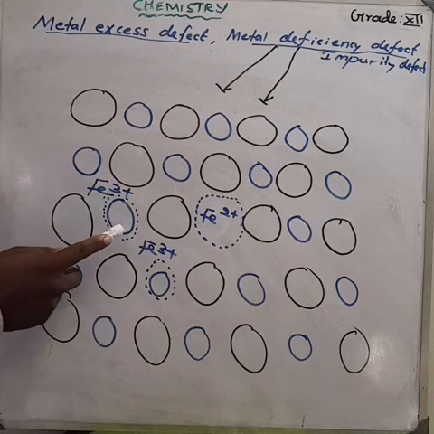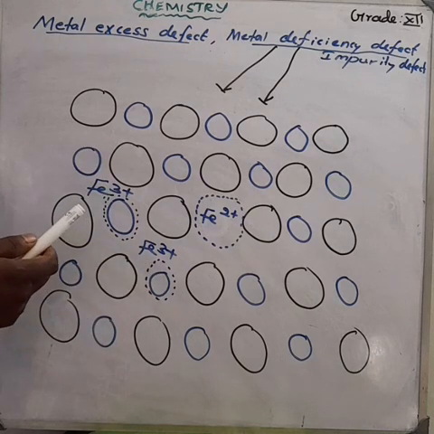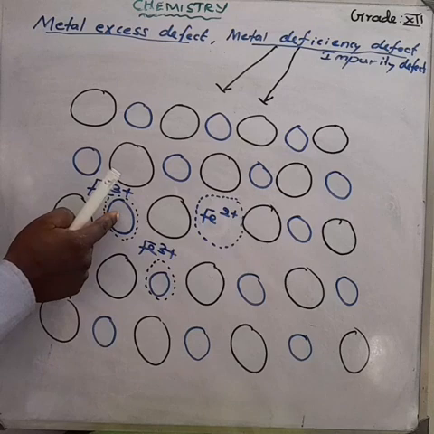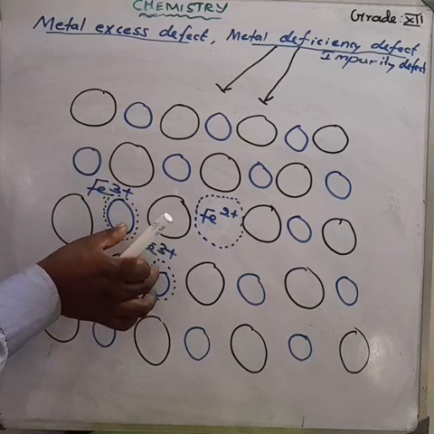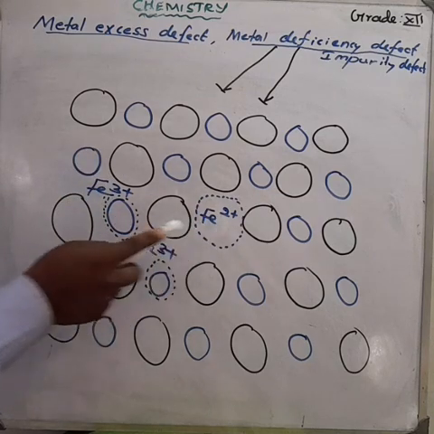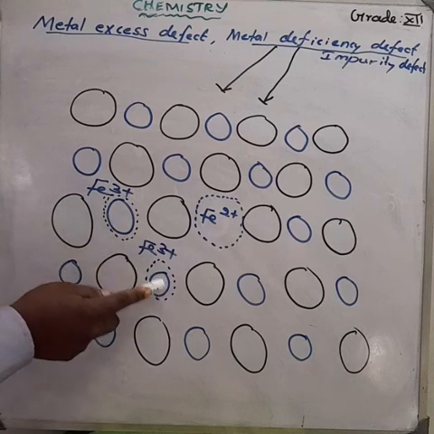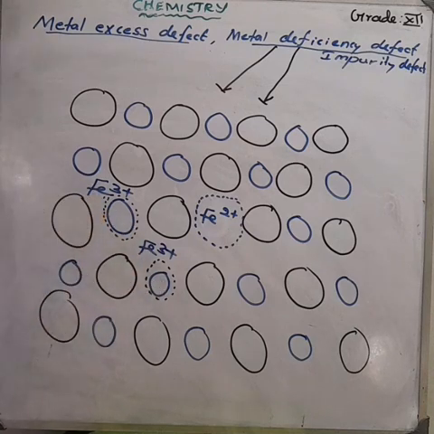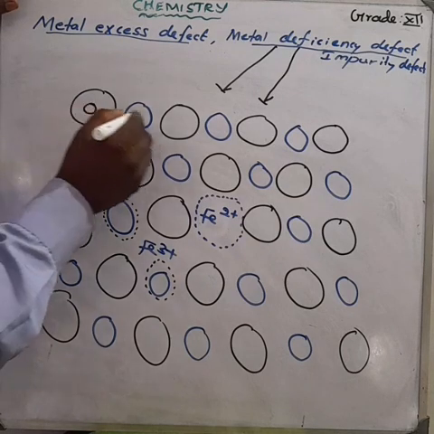That is the concept, don't forget that. One of the Fe2 plus ions is missing from the crystal lattice, and two of the other Fe2 plus ions in the crystal are oxidized to Fe3 plus ions. That is the metal deficiency defect.